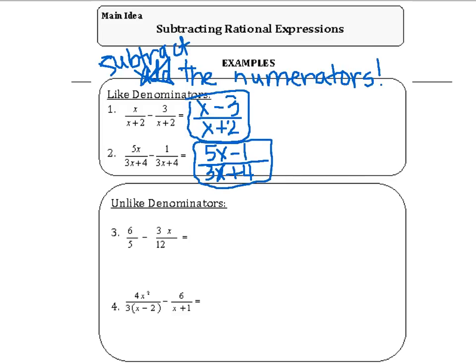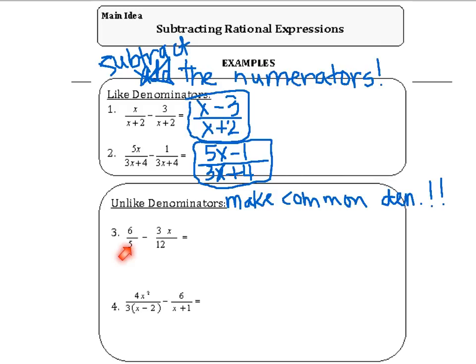Again, I have unlike denominators now, so we have to remember to make common denominators. Got to remember that whenever you see that your bottoms are different and it's adding or subtracting, you've got to make your common denominators.